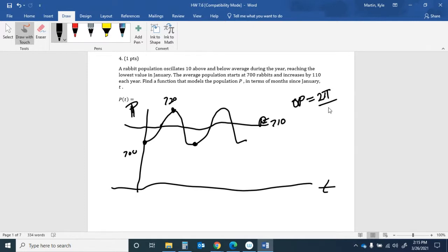The observed period is equal to 2 pi over b. We're solving for b, so b is equal to 2 pi over the observed period. The observed period is 12 months, so that simplifies to pi sixth. So our b, the coefficient in front of x, is going to be pi sixth.